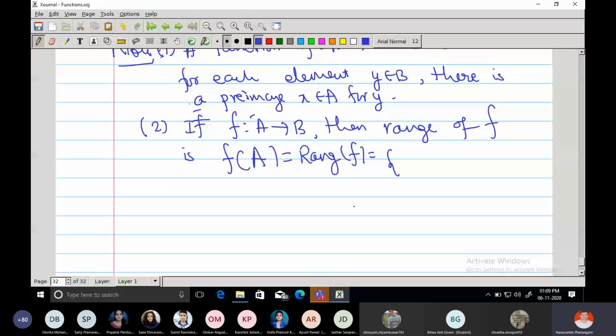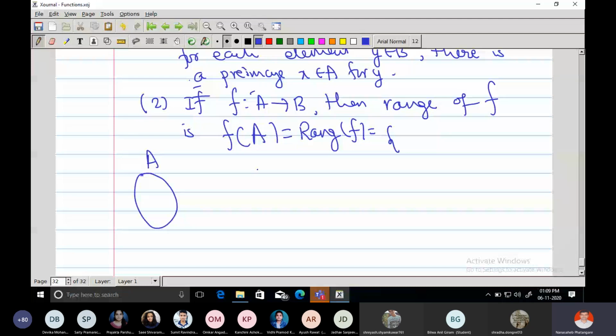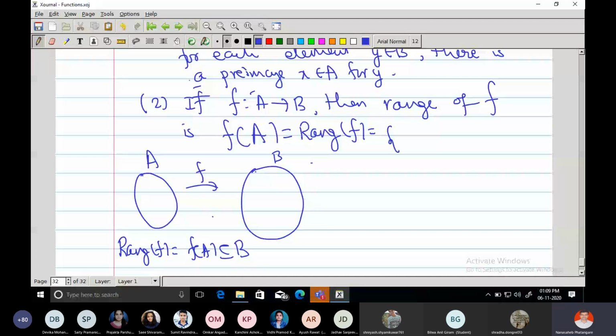If A is a set and B is another set and our function is from A to B, the range of f is f of A. It is a subset of the codomain, correct?